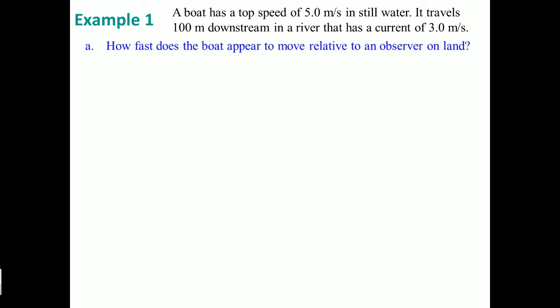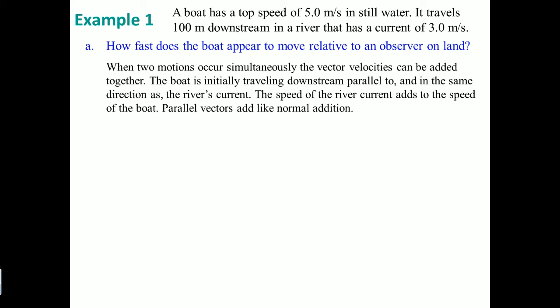Okay, this is a typical problem you might see in your class. A boat has a top speed of 5 meters per second in still water, and it travels 100 meters downstream. The river has a current of 3 meters per second. So, how fast does the boat appear to move relative to an observer on the land?